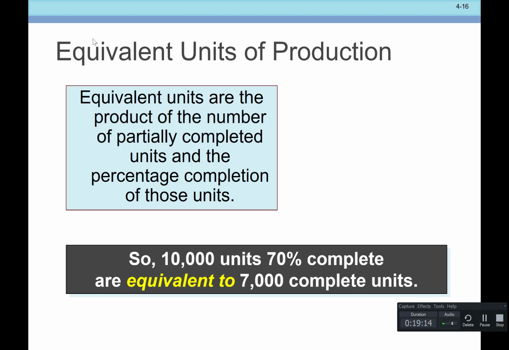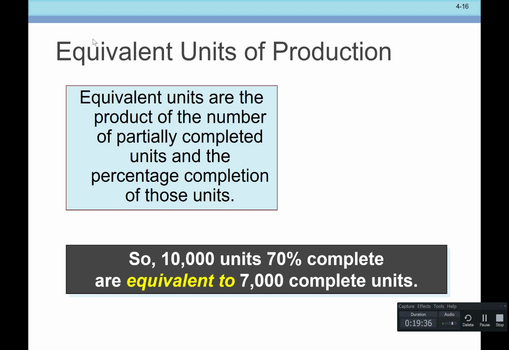What we're going to do is give ourselves credit for work that we have done up to a point and treat those as though they were completely done units, so that we are computing our costs based on the equivalent units of production, even though some of our stuff is still in progress.